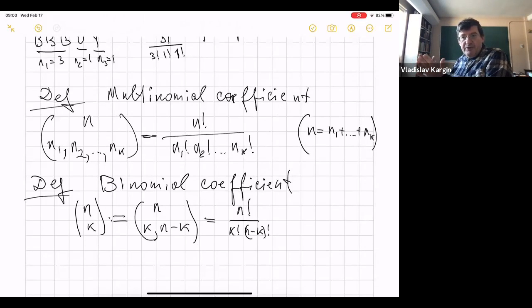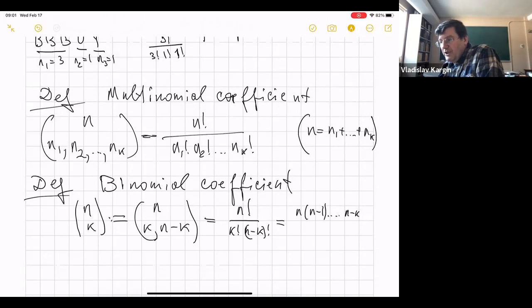Now, since here is n factorial, it's a product of a large number of integers, and you divide it by n minus k factorial, also a product of a large number of integers. If you calculate it by hand or on the computer, you will write n times n minus 1, and stop at n minus k plus 1, because after that it will be divided by n minus k factorial.